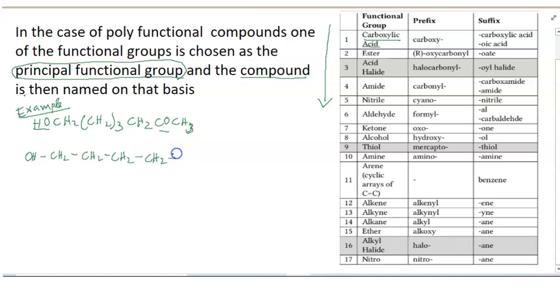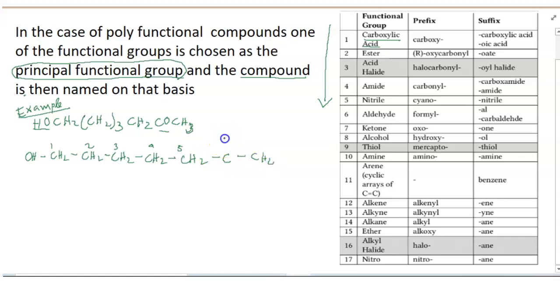I can count the carbons: 1, 2, 3, 4, 5, 6, and 7, with CO as another carbon. So friends, there are 7 carbons.